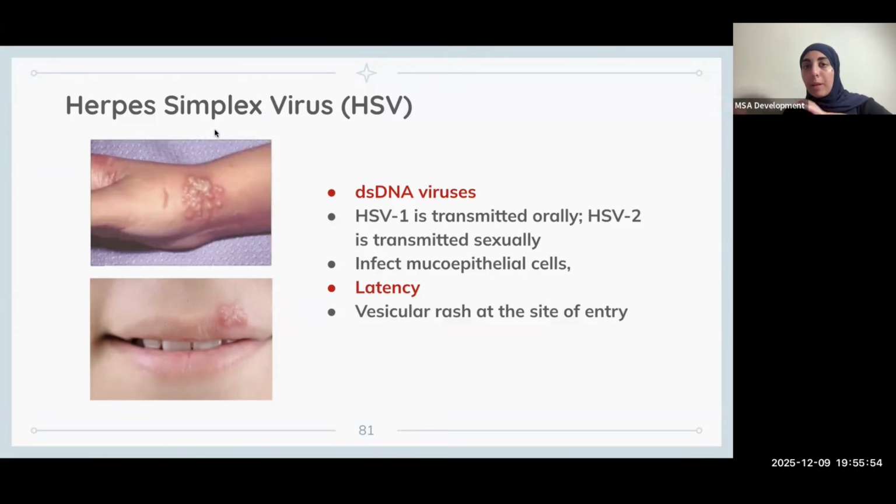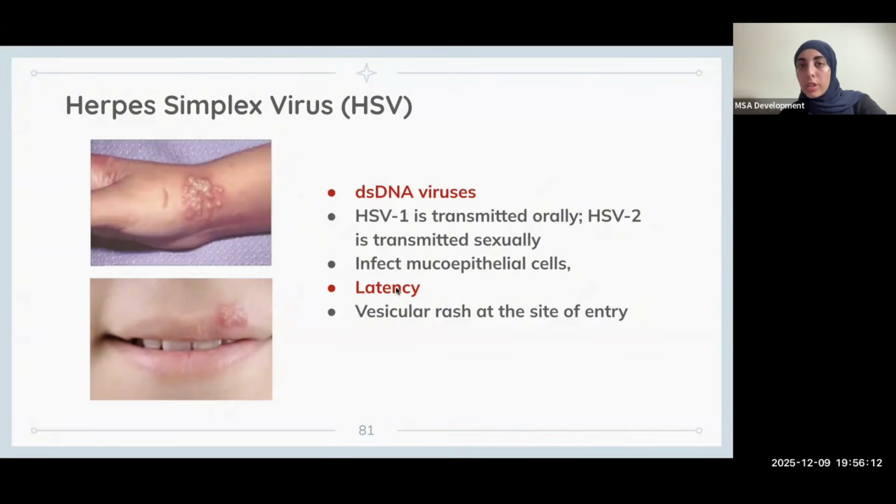So they're all part of the same family, and they all have shared characteristics, which is that they are double-stranded DNA viruses, as well as that they exhibit latency. Latency means that you get the initial infection, the primary infection, and then the virus will go into the ganglia.